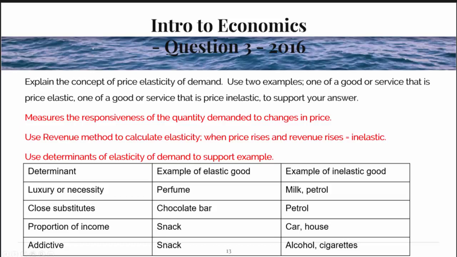They're probably examples of more inelastic goods. For something that has close substitutes, there are lots of close substitutes to chocolate bars, but not for petrol. Therefore, that enables you to classify an elastic good and an inelastic good, and so on and so forth. You can see these other determinants here.